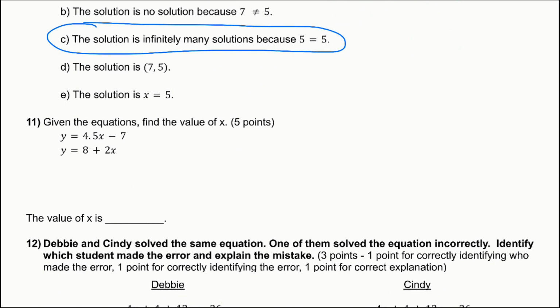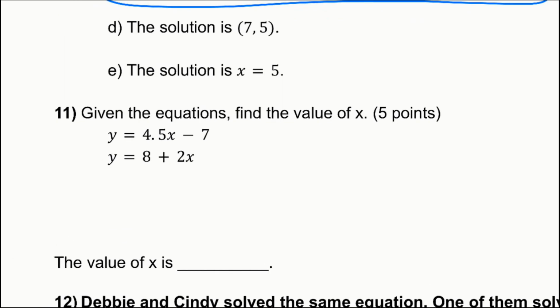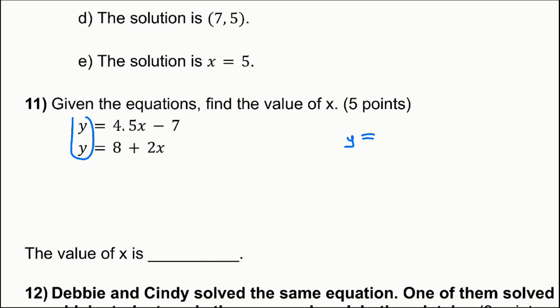Number 11, I'm just going to tell you how to do number 11. Since y's are the same like this, so we have y is equal to y, which is true. I mean, it's just any number equal to itself. That's true. But since that's the case, we're going to set this up like this. We're going to set their right sides up equal to each other.